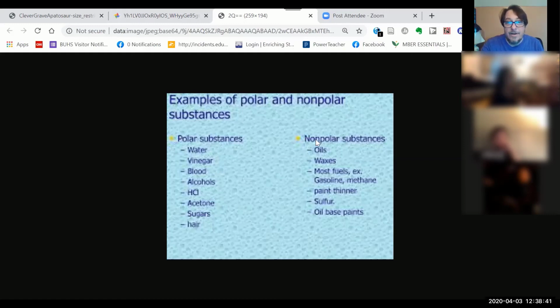And then you have non-polar substances like oils, waxes, gasoline, paint thinner, oil-based paints. Also, plastic is non-polar, and grease, stuff like that, which is why you can't wash grease off of your hands just with water. You have to use soap because soap dissolves non-polar substances. Anyway, that is our Zoom demonstration.